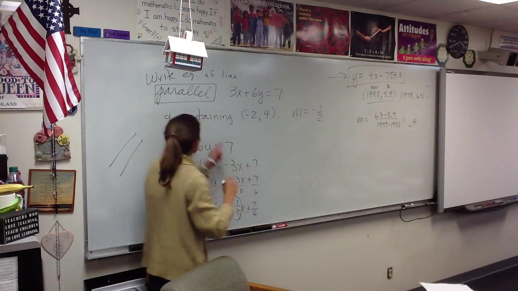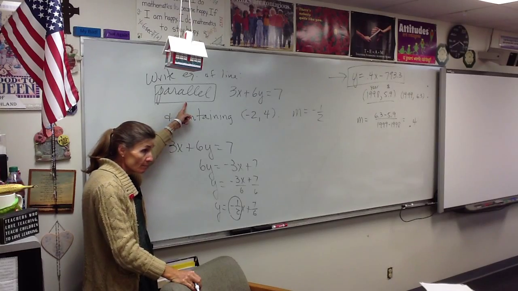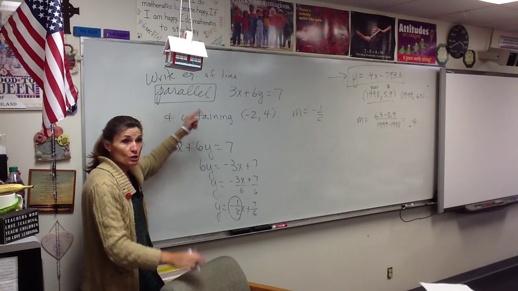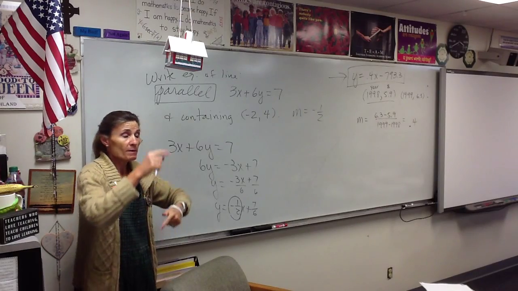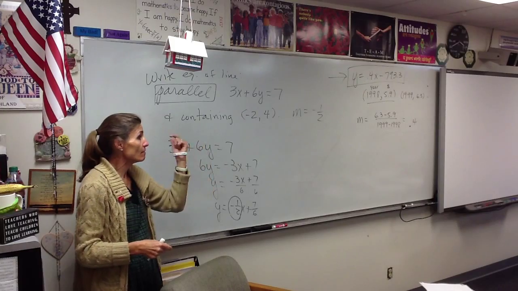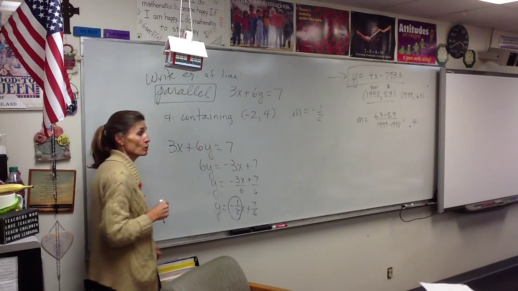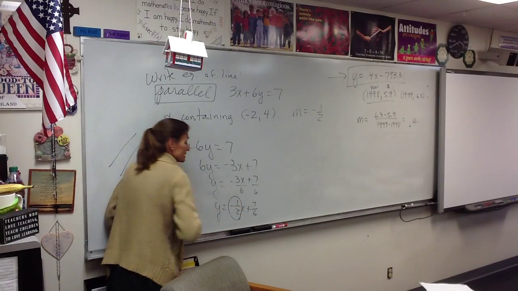If this word had been perpendicular, and it certainly could be, then the slope I would use would be +2/3, because I flip it over and make it negative. The negative reciprocal if the word's perpendicular. If the word's parallel, I use the same slope.